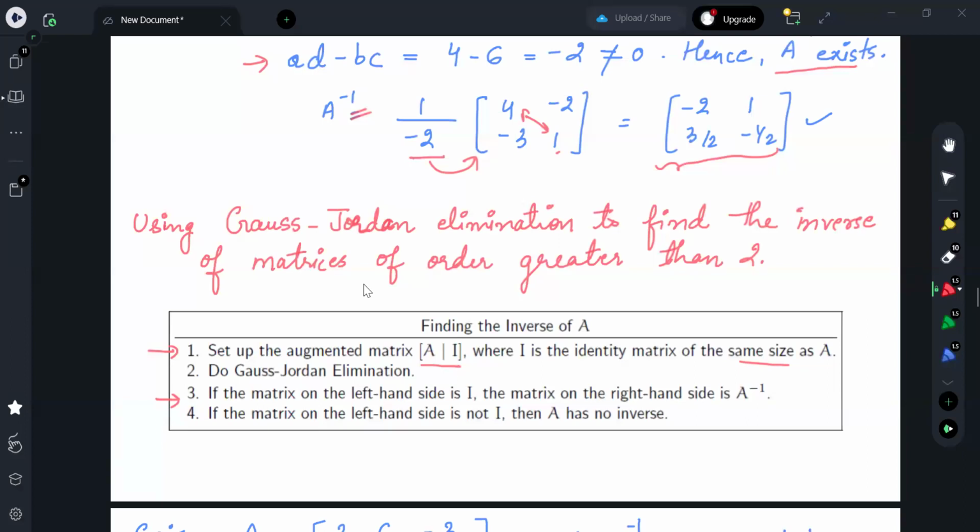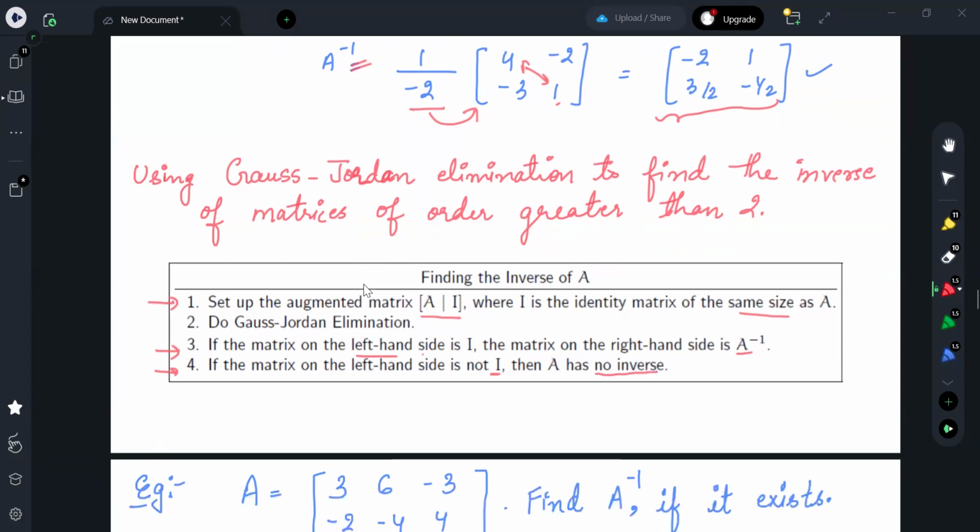If the matrix on the left-hand side becomes the identity, then the matrix on the right-hand side is A inverse. However, A inverse does not always exist. If you cannot get an identity matrix on the left-hand side, then we conclude that A has no inverse. We will do an example of each case in this video.